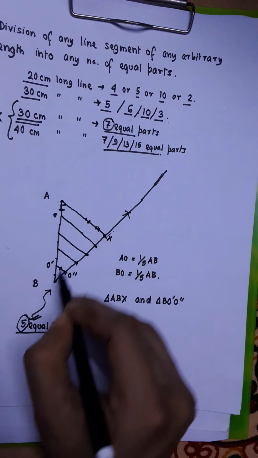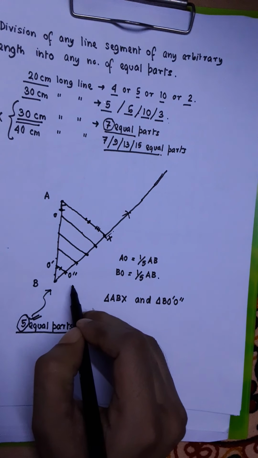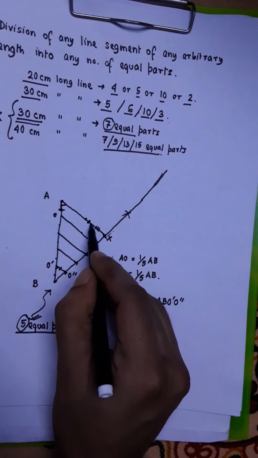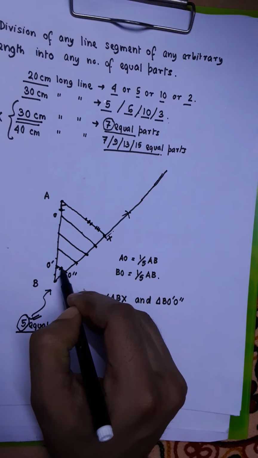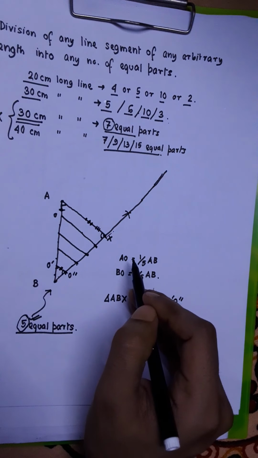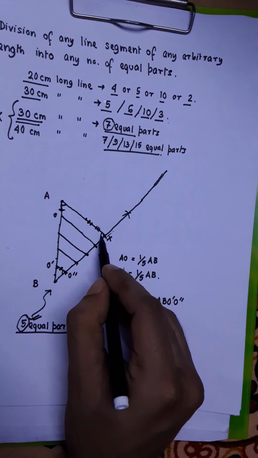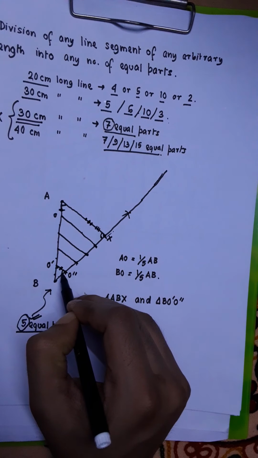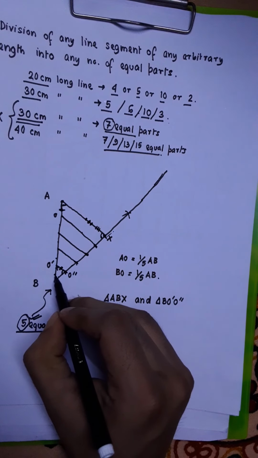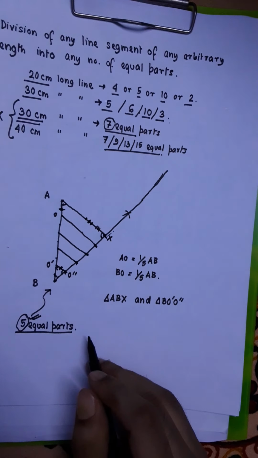Therefore this angle and this angle are corresponding angles, so their magnitudes are equal. Similarly, since this side and this side are parallel, this angle and this angle are corresponding angles, so they are equal. So this angle and this angle of the two triangles are equal, this angle and this angle of the two triangles are equal, and this angle is common to both the triangles.